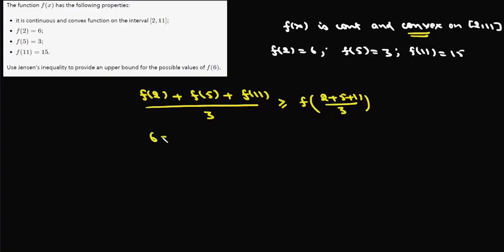Now f(2) is 6, f(5) is 3, and f(11) is 15, whole divided by 3, and it is greater than or equal to f of 18 by 3, and 18 by 3 is 6, so f(6). So from here we can write f(6) is always less than or equal to 8. So the upper bound of the possible value of f(6) is 8, and that is the answer to this question.